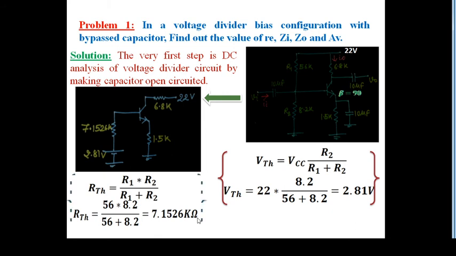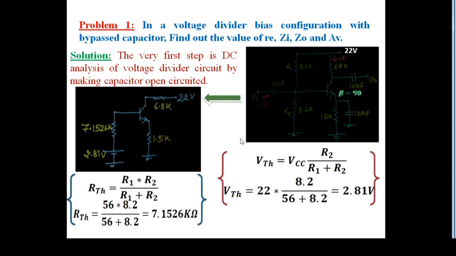So this one is the R Thevenin. This is the model for the voltage divider circuitry. For any voltage divider circuitry you have to go for this by replacing R1 and R2 with the corresponding V Thevenin and R Thevenin. This is a very simple one.